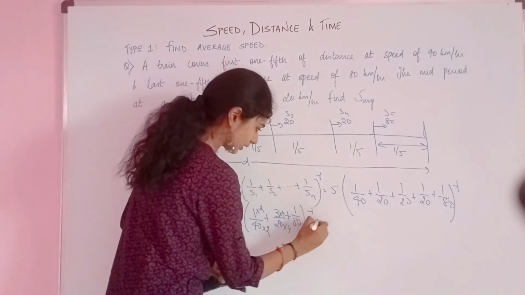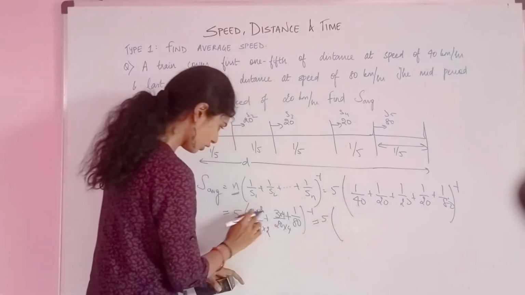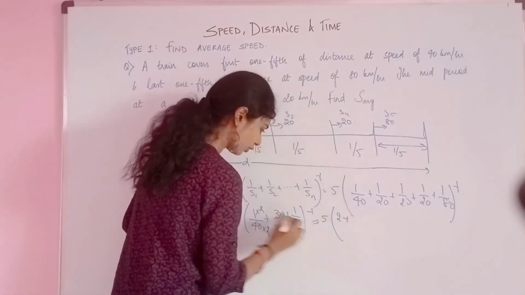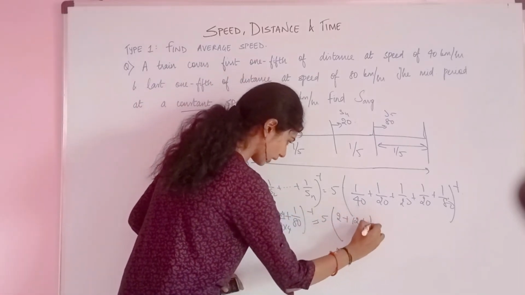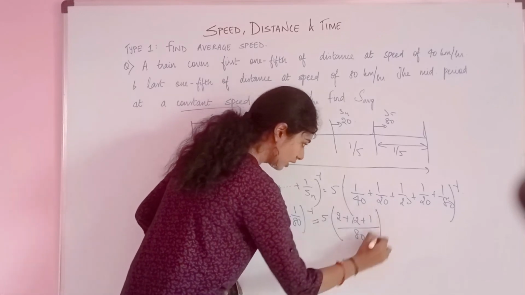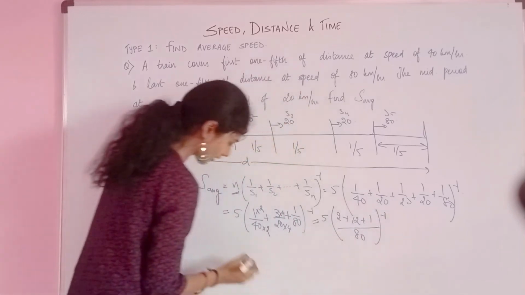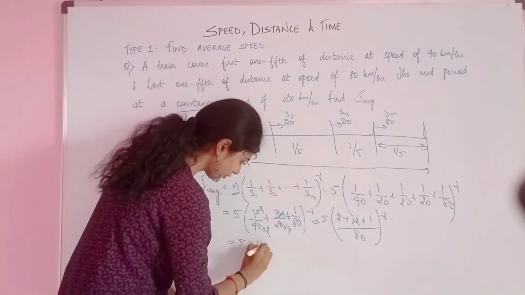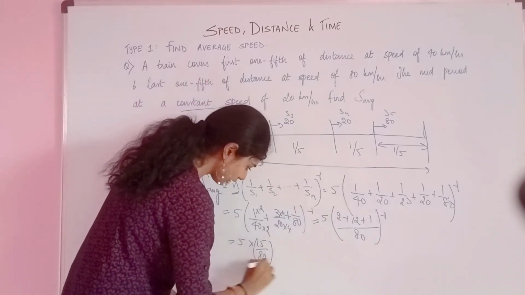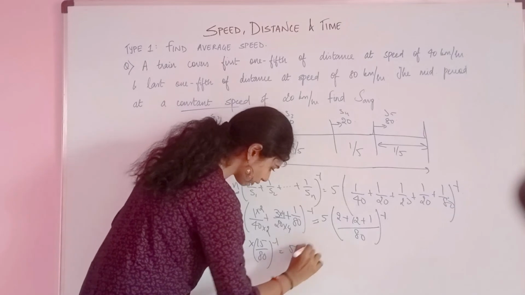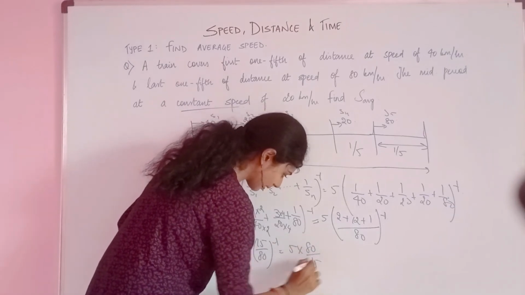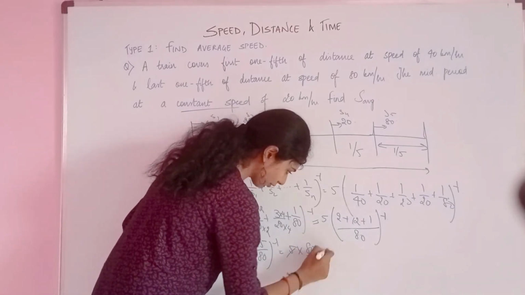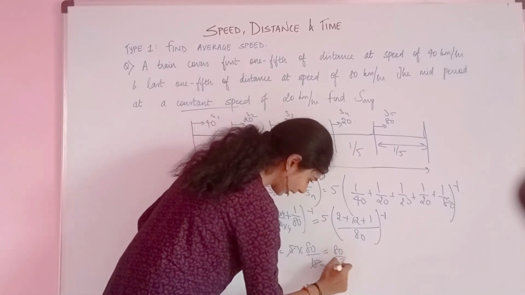So this is 5 into 2 plus 4 threes are 12 plus 1, divided by 80, the whole inverse. Don't forget the inverse. So it is 5 into 15 divided by 80, the whole inverse, which is nothing but 5 into 80 divided by 15. 5 threes are 15, which gives us the answer of 80 by 3.